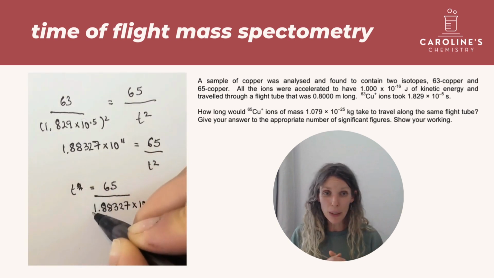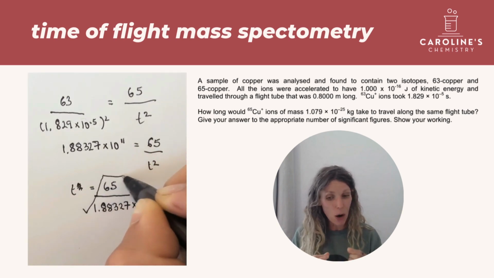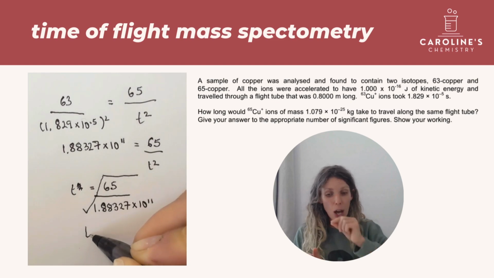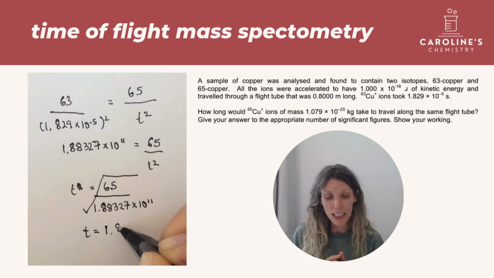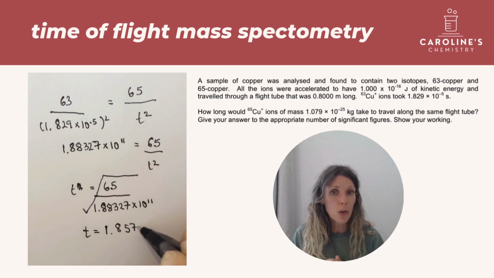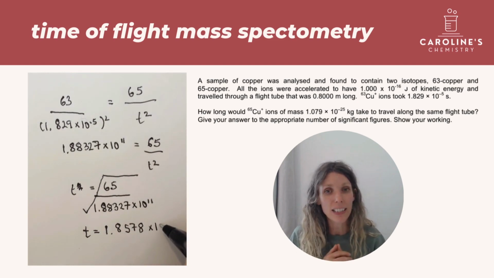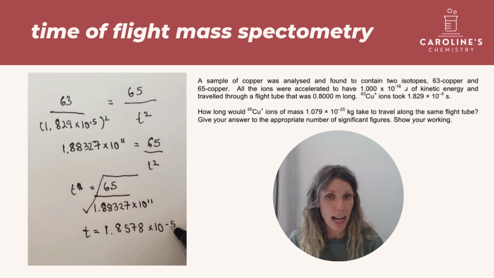Then it simply becomes a case of finding t on its own. If it was t squared, we're going to square root the other side, and that is going to give us our answer. Don't forget to finally consider the significant figures of the overall answer.